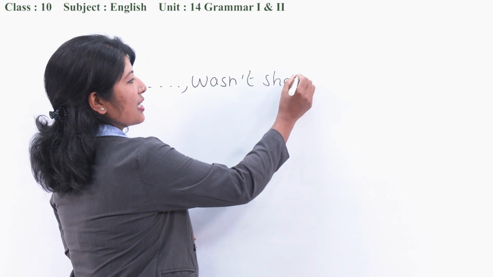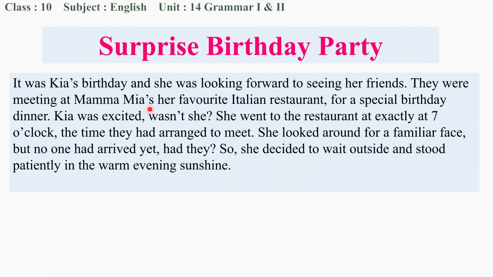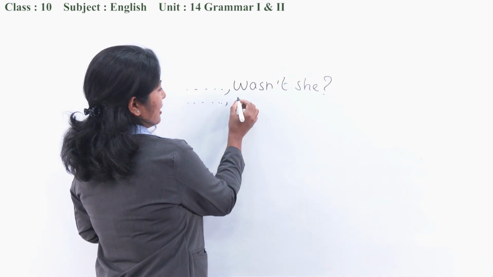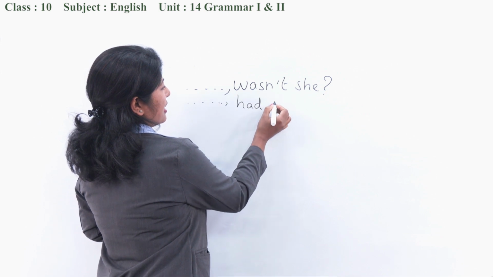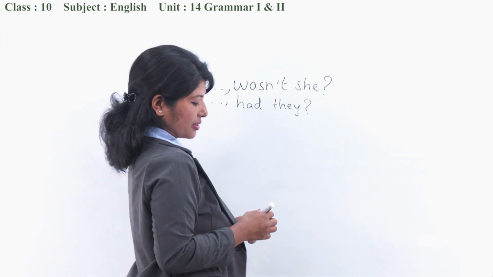Wasn't she, question mark. And the next one is had they. There was a statement, and at the end had they, and then a question mark.